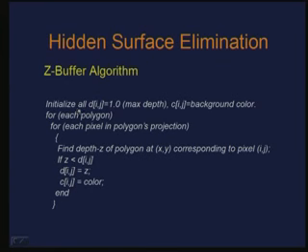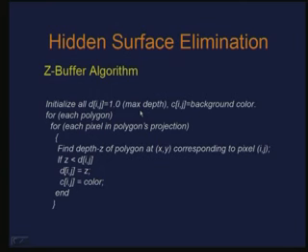So, again it is a very simple way of handling hidden surfaces, right. So, let us see a little more detail on it. So, what do we have? First of all, we initialize this buffer, which we call the D buffer, which contains the depth, to some maximum depth.